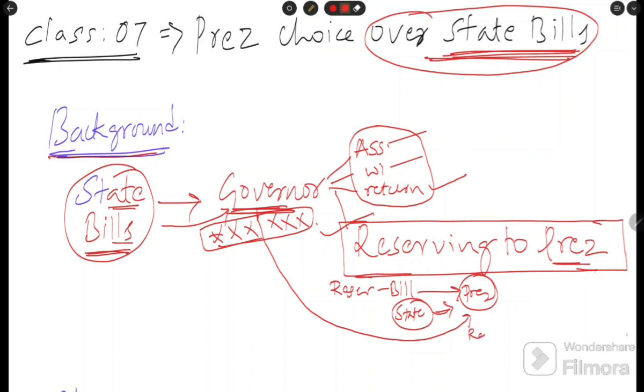These reserved bills become an act only when they receive presidential assent. The role is left only to the president. Remember this point: when the governor reserves, the president's role begins and the governor's role ends.